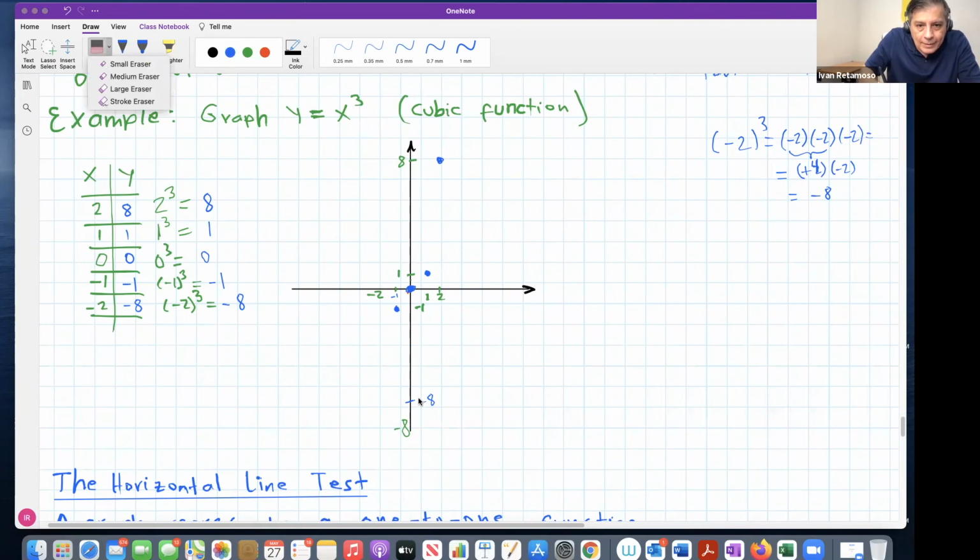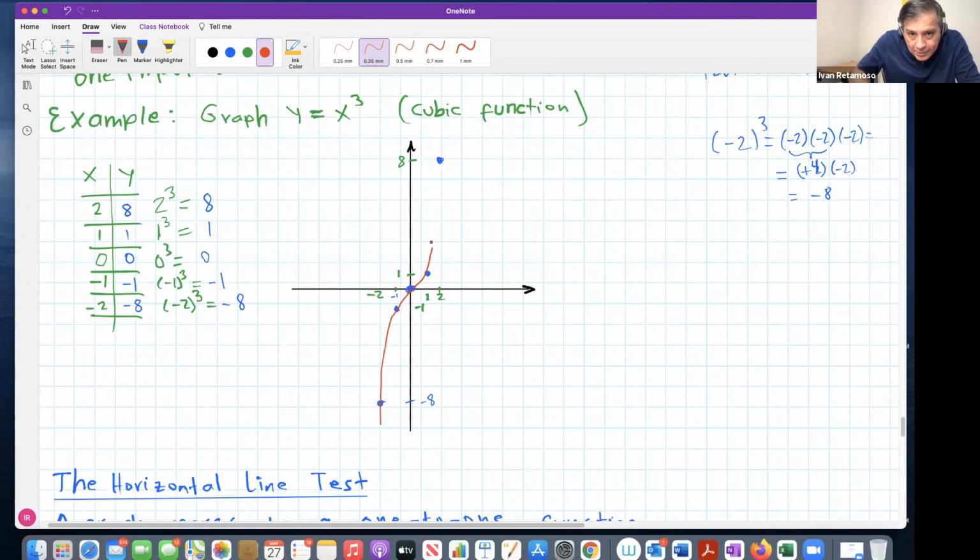Okay, so if you connect these points that we got with a smooth curve, what you're going to get is the following. It looks like a chair where we sit when we are tired, right? A chair.